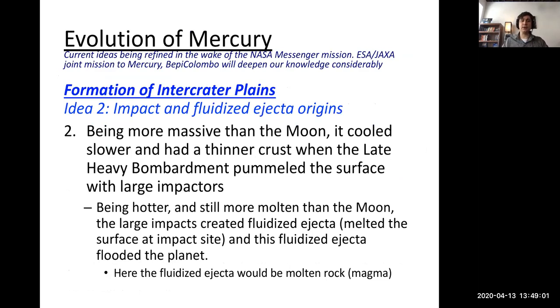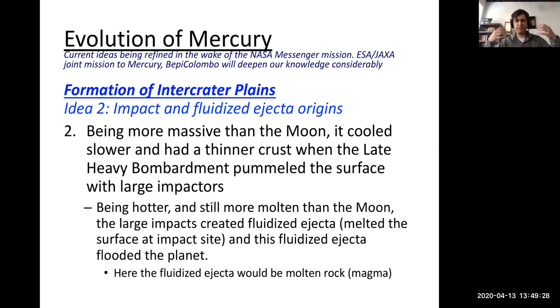Idea number two. So being more massive than the moon, it cooled slower and had a thinner crust. That part's still common between both of us. So the late heavy bombardment comes along, and we have an object that's just hotter and more molten. And you have to remember these late heavy bombardment impacts are super energetic. So they hit the surface of Mercury, and they hit with so much energy that they don't blast a bunch of rock.